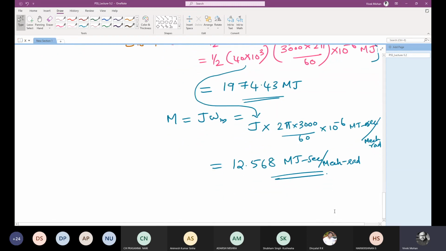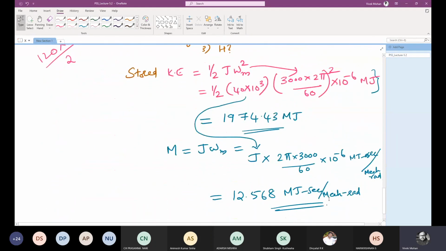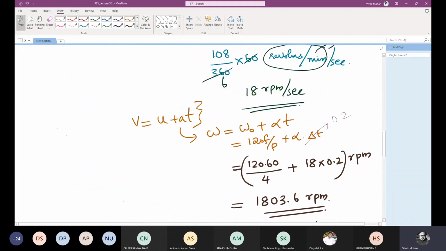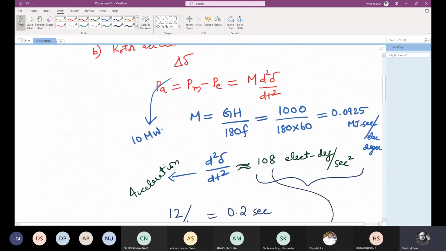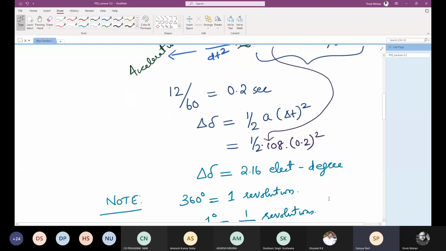Okay, so these are the 3 questions from lecture 5.1. Yes, tell me. Is angular momentum denoted by M, or is that just a constant, the M that we have used previously?